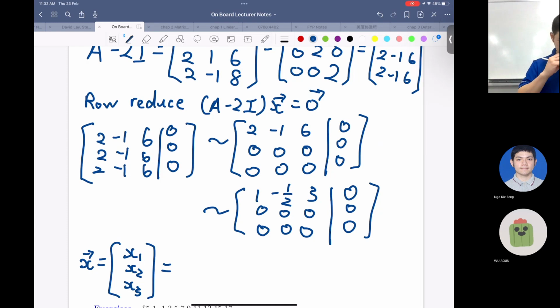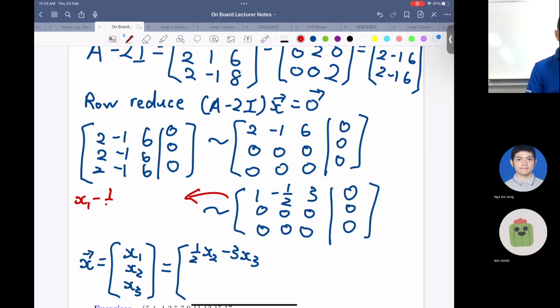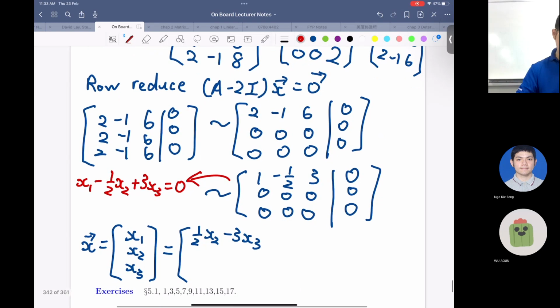So from here you will get x1 equal to half x2 minus 3 x3. If you wonder why I am writing like this, it's because from this matrix, what you should get is x1 minus half x2 plus 3 x3 equals 0. So in this case, we get x1 in terms of x2 and x3. x2 is itself, x3 is itself.